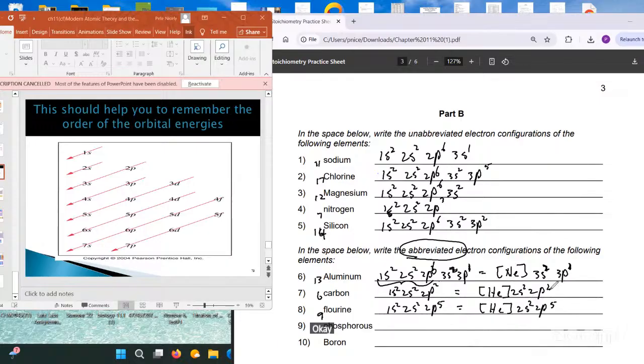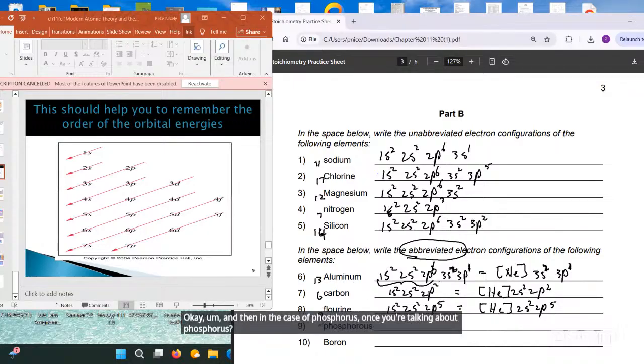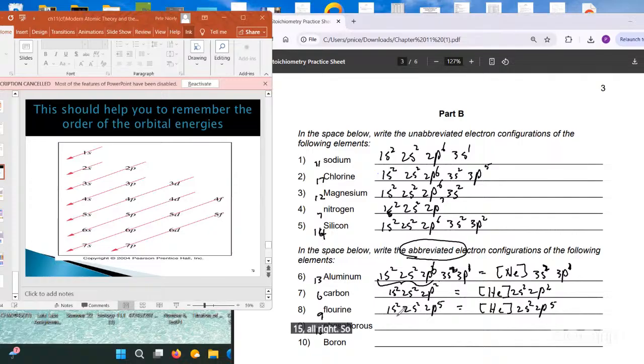Okay. And then in the case of phosphorus, what's the atomic number of phosphorus? 15. All right. So in the case of phosphorus, 1s2, 2s2, 2p6, and then you have 3s2 and 3p3. Okay, so that's the full electronic configuration. What is the group 8 element that comes before phosphorus? Neon, and the electronic configuration of neon is right here.